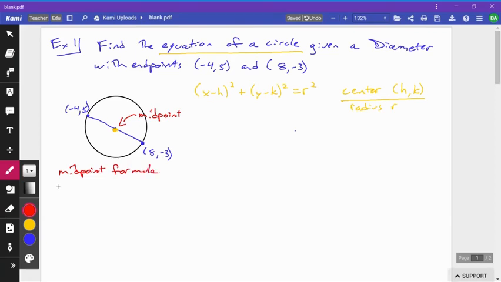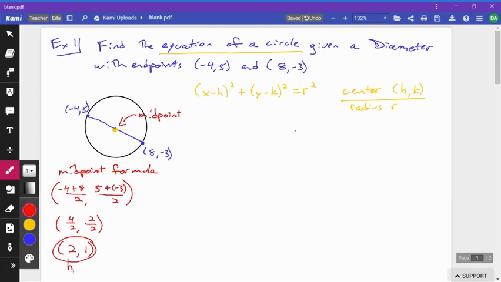My midpoint formula is going to be a point. And remember, it's (-4 + 8)/2, and then (5 + -3)/2. And this is going to give me 4/2 and 2/2. So I get the center of the circle is going to be (2, 1).